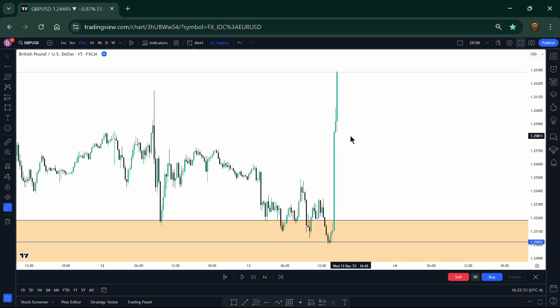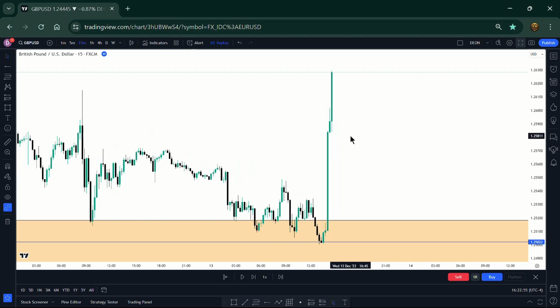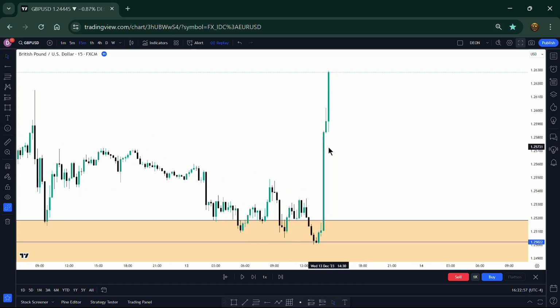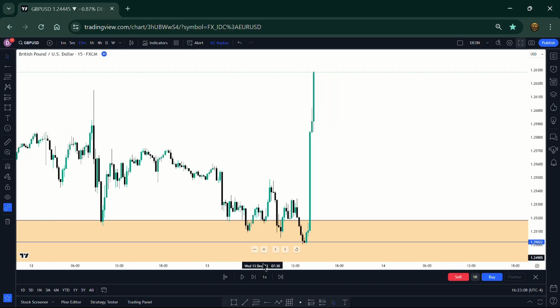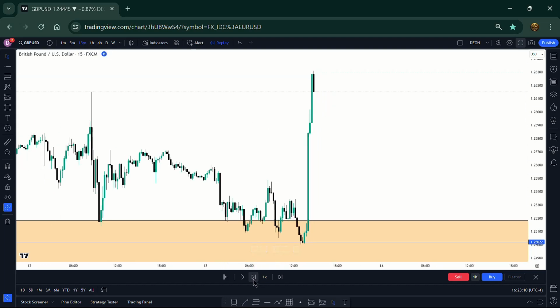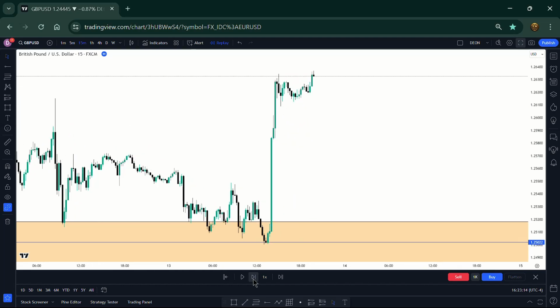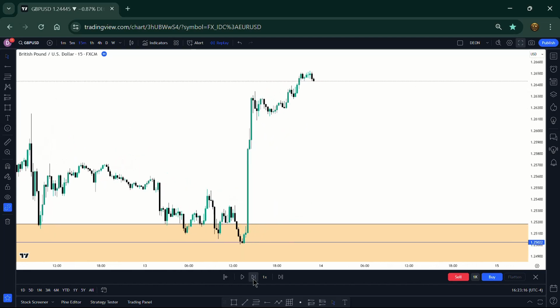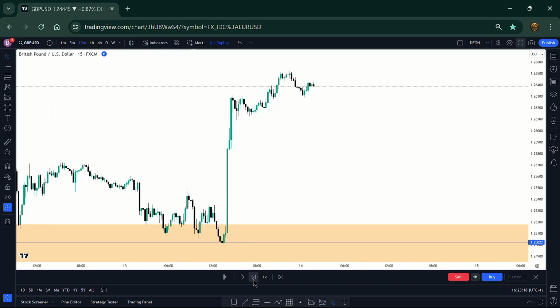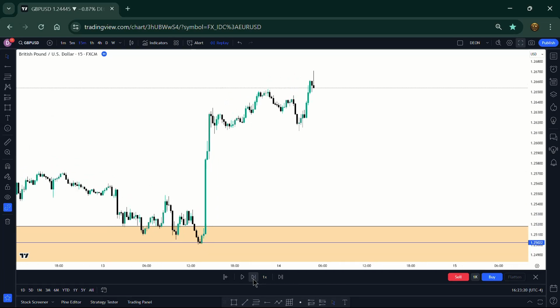I don't know if it's news or whatever, but after this, I'm not looking for an entry. Here it's fine, you can just miss this trade. If the trade goes way too high from your POI, just wait for it to break structure or something.